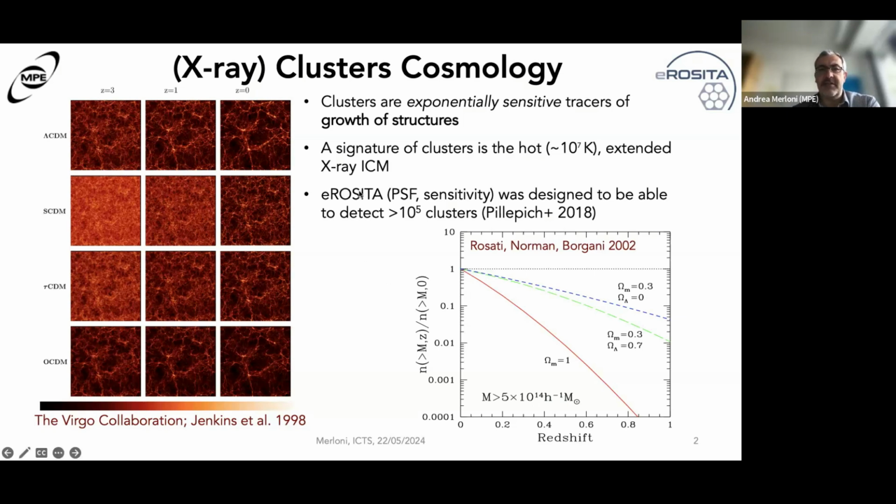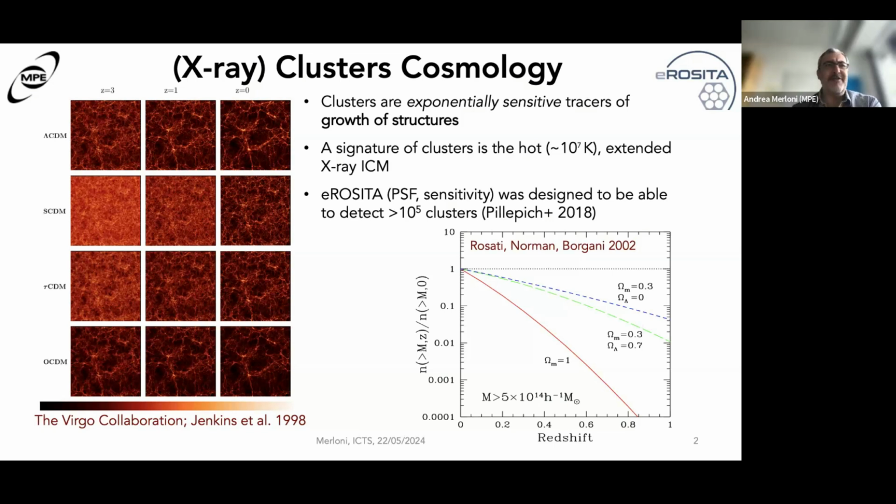And of course, we use an X-ray telescope because a signature of clusters is their hot extended X-ray intracluster medium, so tens of millions of degrees. And so the instrument we built was designed to have a point spread function not as good as the best X-ray telescope that we've ever built, like Chandra, but good enough to distinguish spatially an extended cluster in the sky from point sources, and also to be sensitive enough to detect a large number of clusters so that you can beat down statistical errors in the study of the mass function.